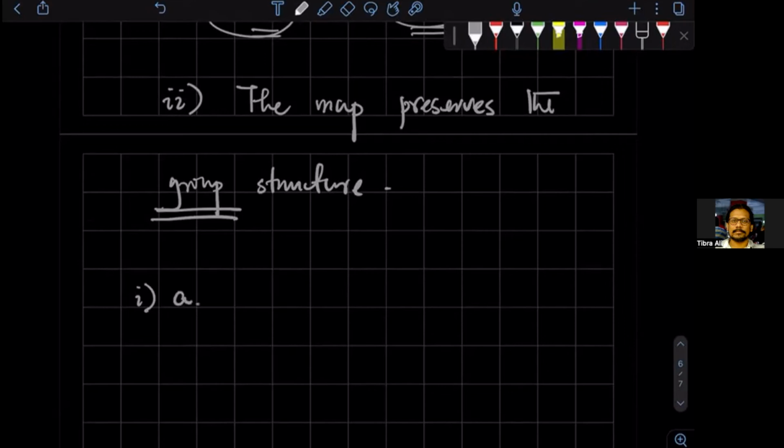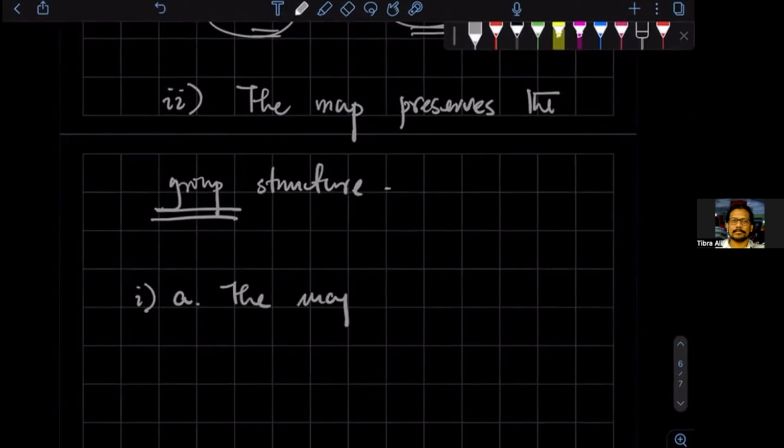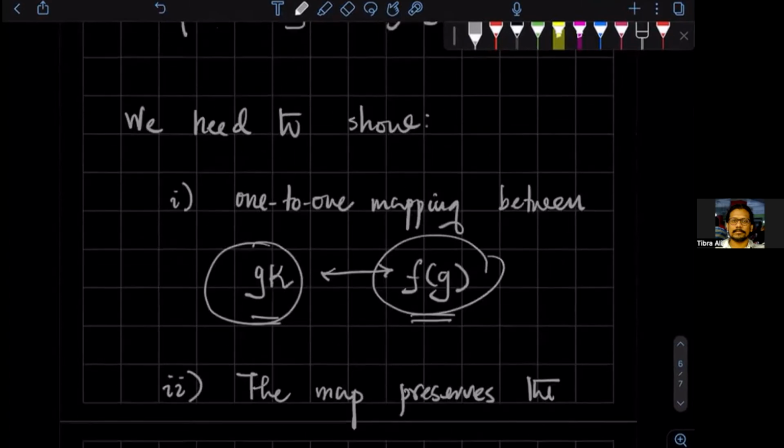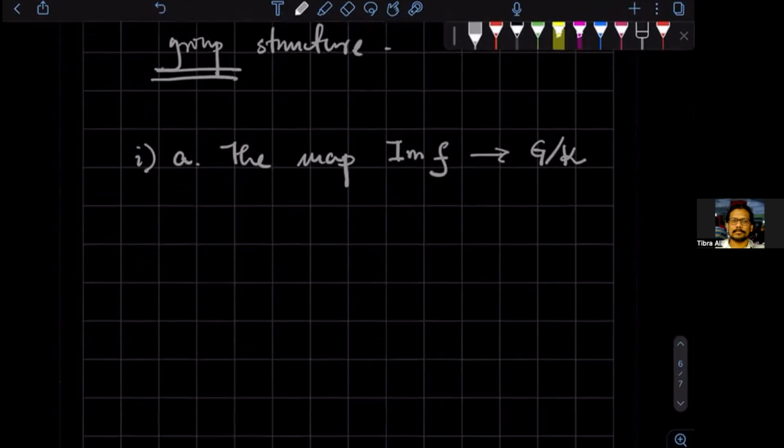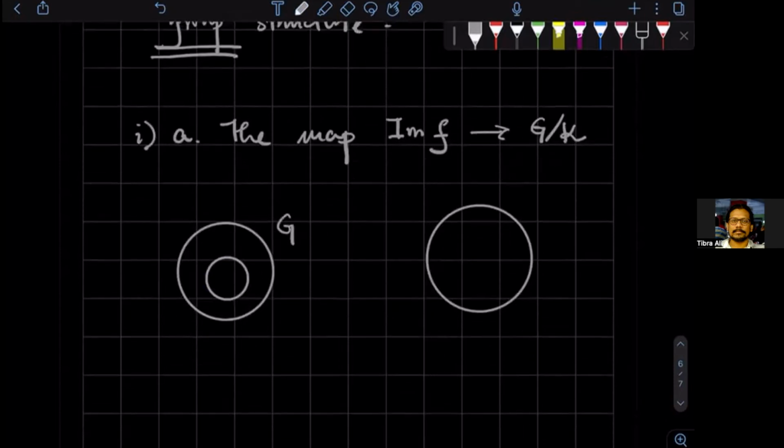Okay, so let's say number 1A. Let's look at the map from the image of F to G over K. Essentially, say this is G, this is K, and this is the image of F, right?